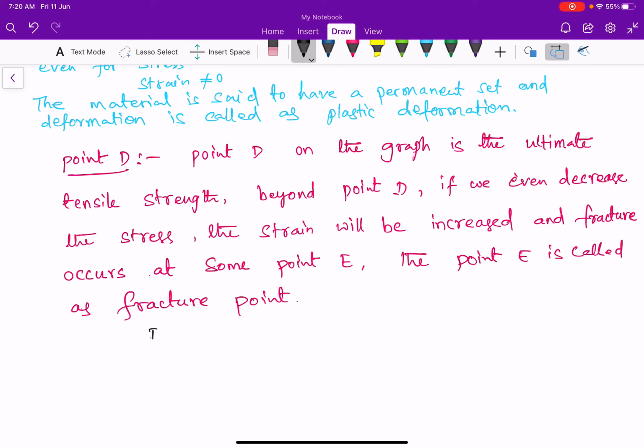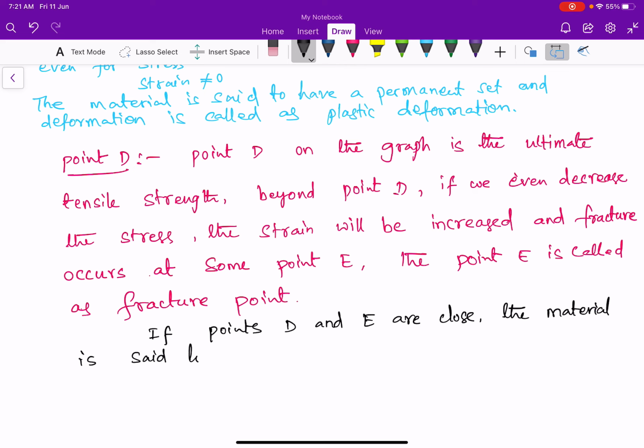If points D and E are close, the material is said to be brittle.